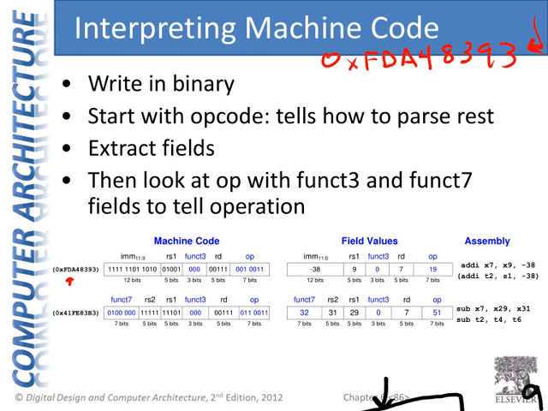And then the next thing was the source register. That was register 9. So X9, and then we have our immediate value, which we figured out was minus 38. And then I can look at what register 7 and register 9 correspond to. Turns out that register 7 is T2, and register 9 is S1. And so I can put those register names in as well. Minus 38.